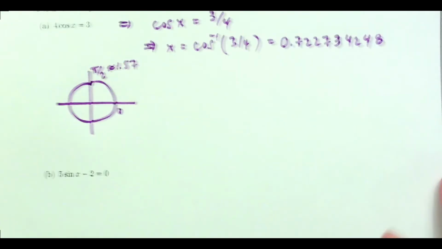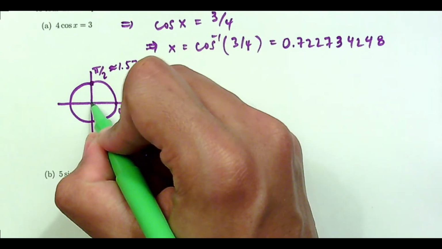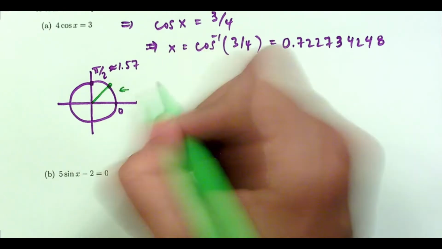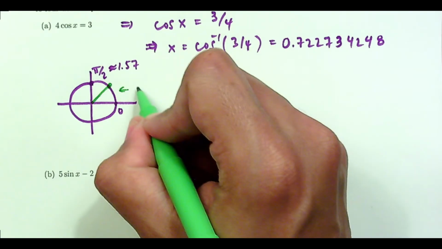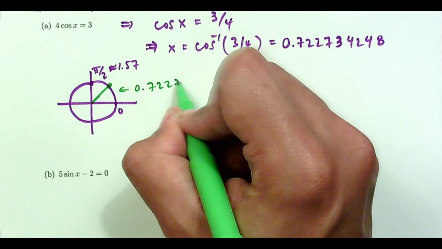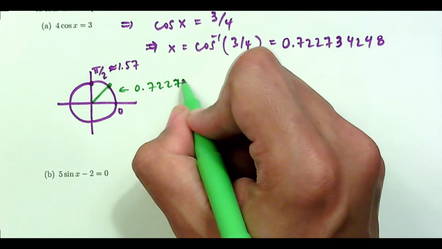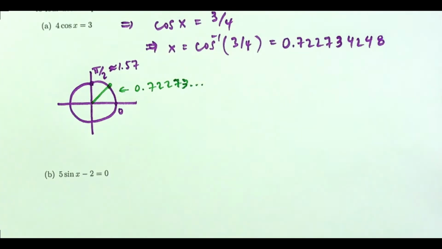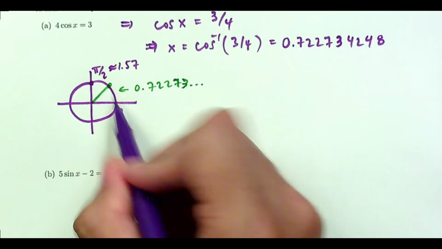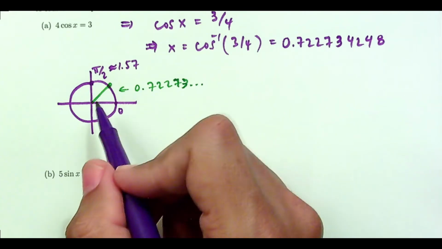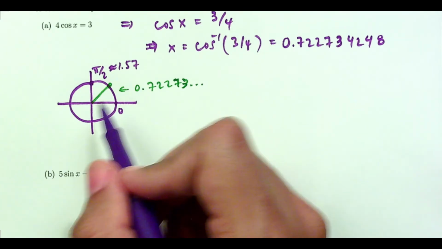So draw it somewhere, it doesn't really matter. That's my angle, okay? All right, so that's the picture for the first angle. What is the other angle whose cosine is the same?